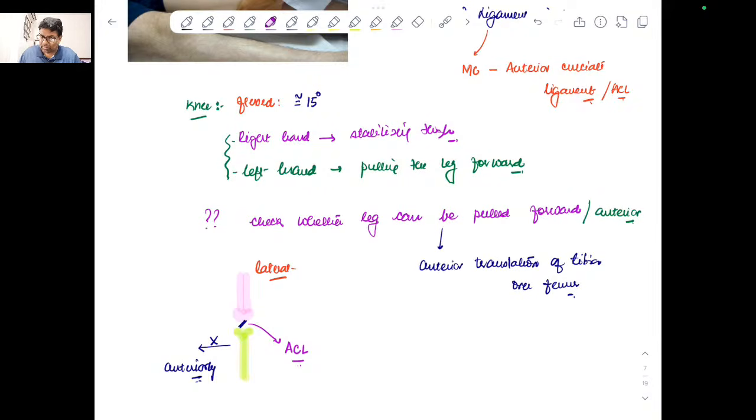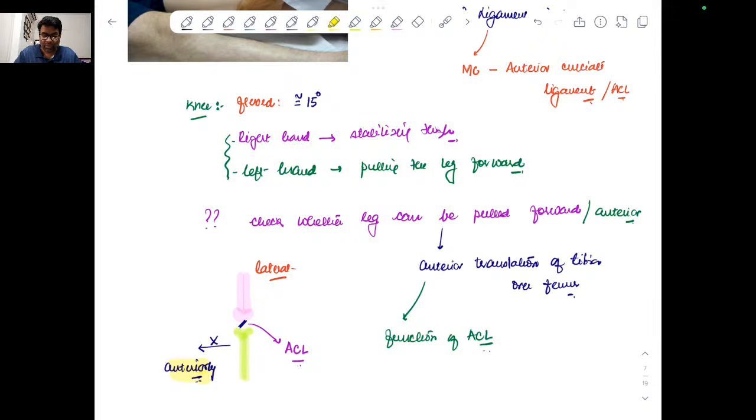So actually what the doctor is trying to do, he is trying to check the integrity of ACL. If the doctor can pull the leg forward easily, it means ACL is broken, because normally the ACL is not allowing the tibia to pull forward.